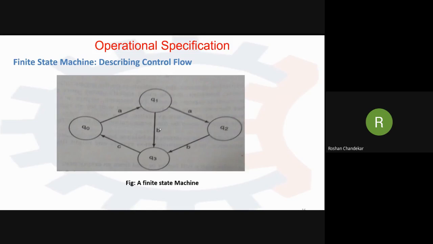Like Q1 to Q3, Q2 to Q3, Q3 to Q0, and Q0 again to Q1. We have a finite set of states.